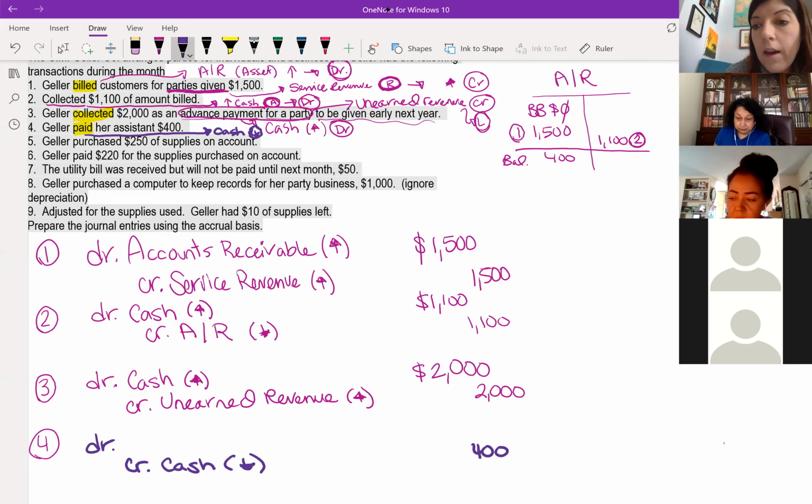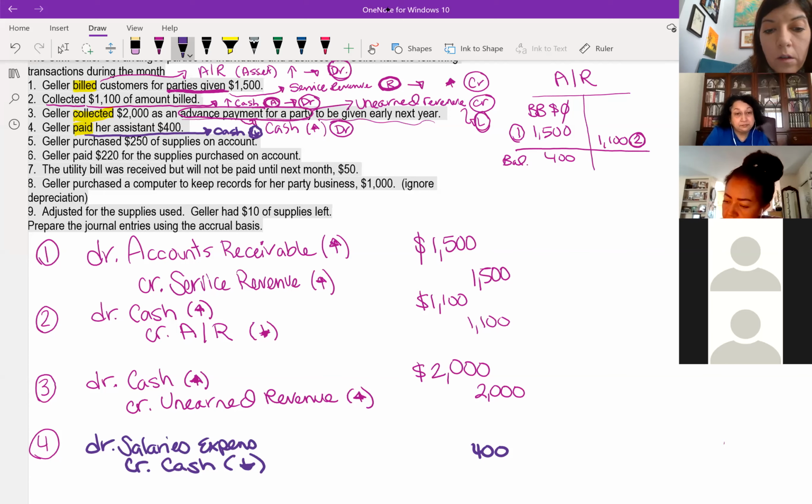Professor Wade, so whenever cash is decreasing, it's always going to be a credit? Correct. Every single time. And for the debit, the expense type, because her assistant worked for her, that means it's implied it's salary expense. Think about your own pay.